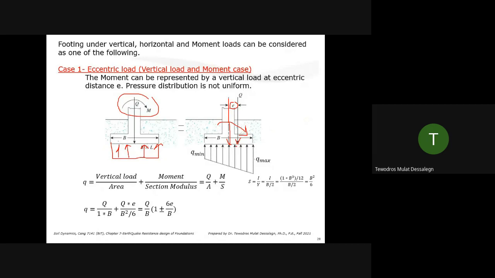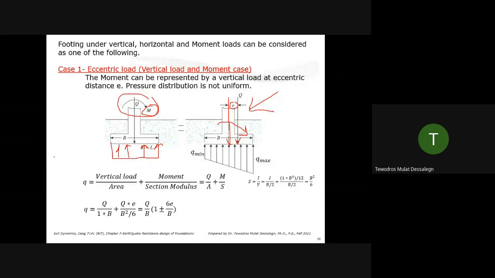What you have studied in eccentric loading is applicable for the seismic case. The only difference is now you should incorporate the seismic forces, because the moment you get is from the seismic loads, the corresponding acceleration. So now your E is from seismic too. The rest is the same.